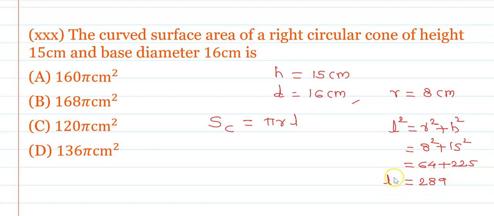Okay, this is the L square, and therefore L is equals to 17. Therefore the curved surface area, that is pi RL, 22 upon, or keep it as it is, because आन्सर कशामध्ये दिलं तर त्याने पाय मध्ये दिलंय, त्यामुळे पायची व्हॅल्यू आपण as it is ठेवणार. Keep it as it is.